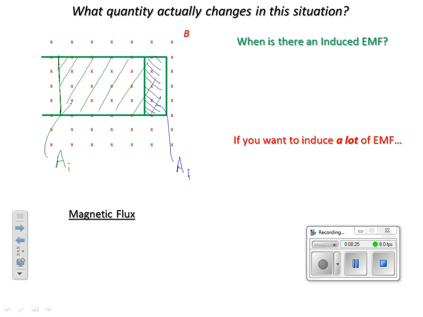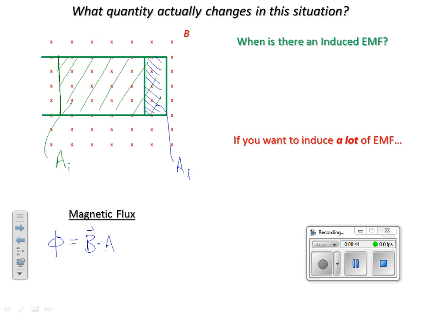Okay? And so what we're going to define is this quantity called magnetic flux. We use phi for magnetic flux. By definition, magnetic flux is magnetic field times enclosed area.